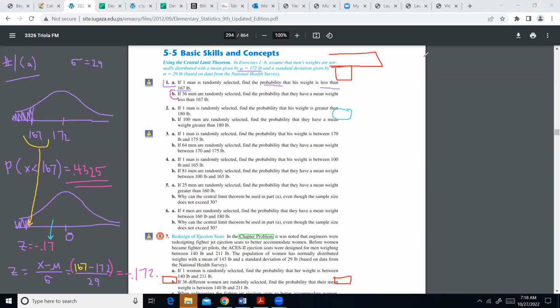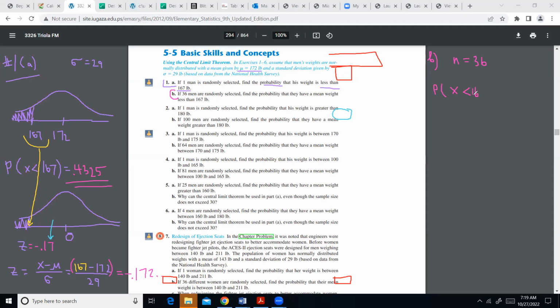In part B of this exercise, they give us one extra piece of information. They say a sample of 36. Remember, sample size is always n. So the number of men is 36. So the question is exactly the same. What's the chance or probability that the weight is going to be less than 167?